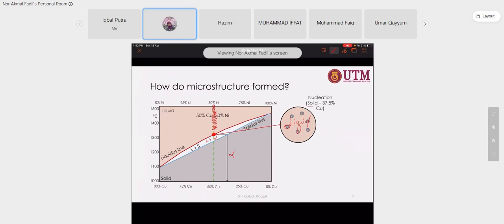How do you get this? By this temperature, you draw a line here. You get this is CL, this is CS. The CS you can read here, it is about 37.5%. So the composition of solid is 37.5% copper.